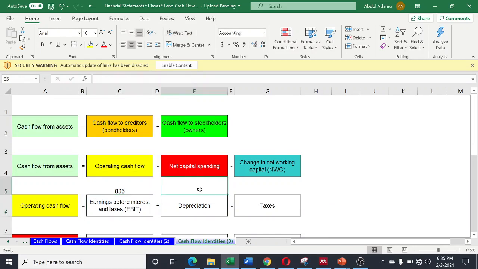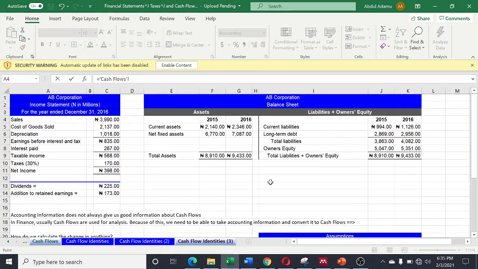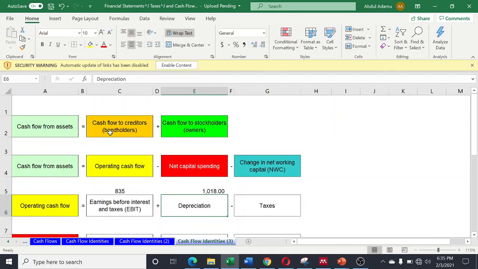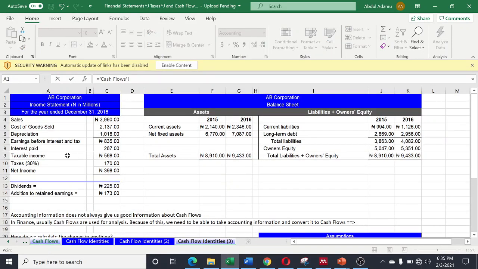Our depreciation, this is our depreciation here. Our taxes equals to, our tax is 170.